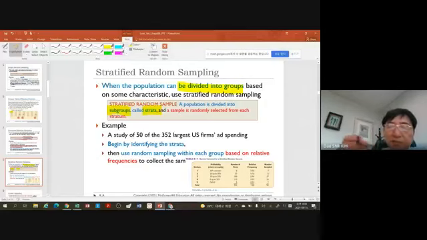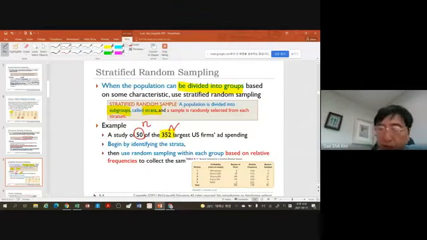For example, a study of 50 out of 352 large U.S. firms, looking at how much money is spent, what the total expenses are, and so on. Among 352, we cannot study them all. This is capital N, the population size, 352. 50 is the sample size, small n.